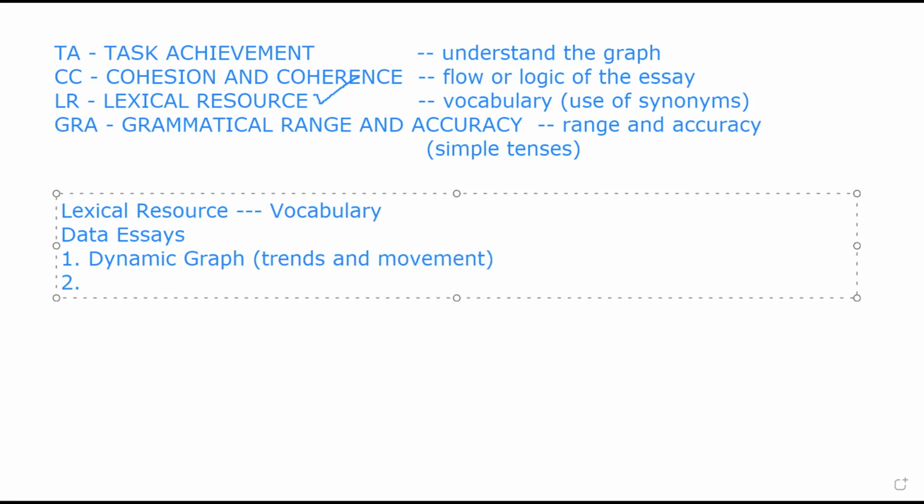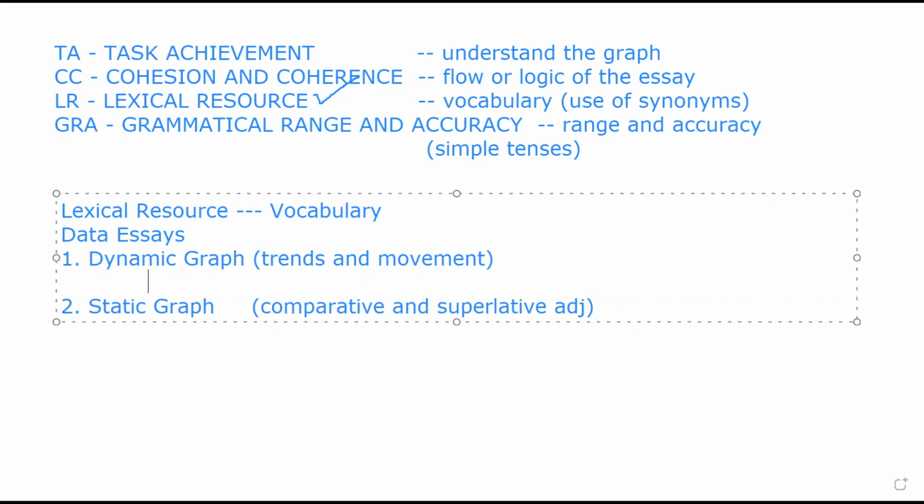And for the static graph, the vocabulary we use is mostly comparative and superlative adjectives. For transitive movement, we also use adjectives and adverbs.